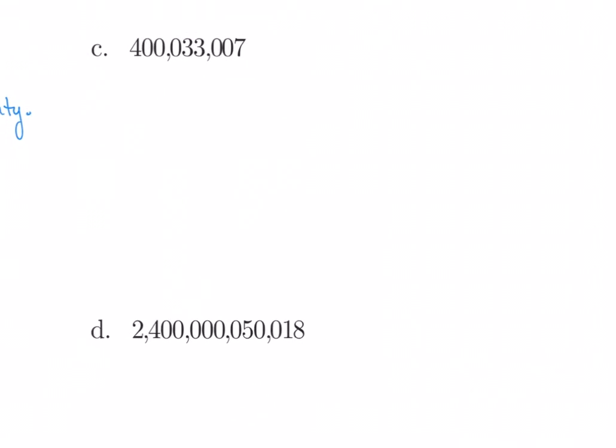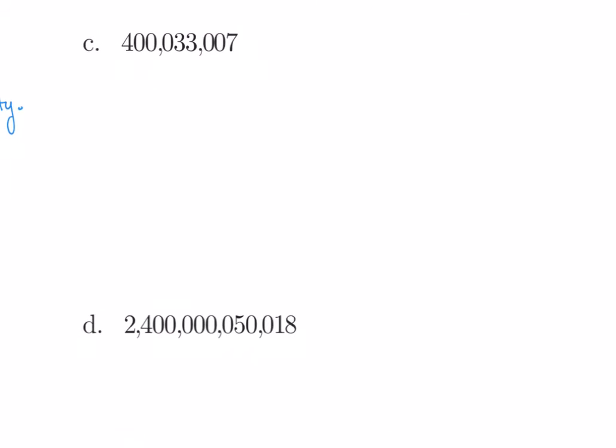Okay, let's go to example C. Starting on the left, up to the comma, we have the number 400. I need to know my period name. Here are my little clues, my ones, thousands. This is in the millions period. So we get 400 million.